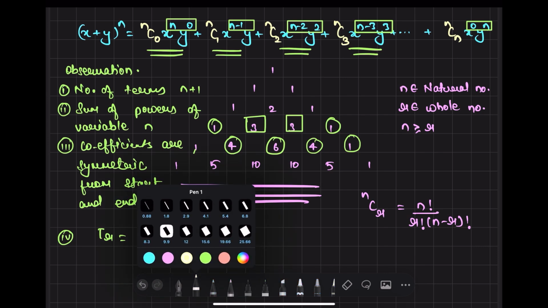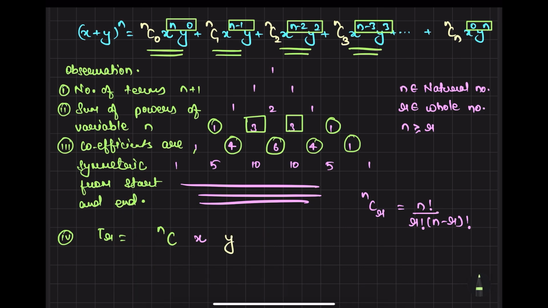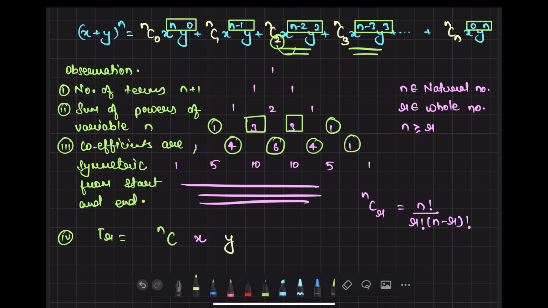Now try to observe the lower subscript of c. If it is first term, the lower subscript of c is what? 0. Term 1, 0. Correct? Term 2, it is 1. Term 3 it is 2, term 4 it is 3, correct?